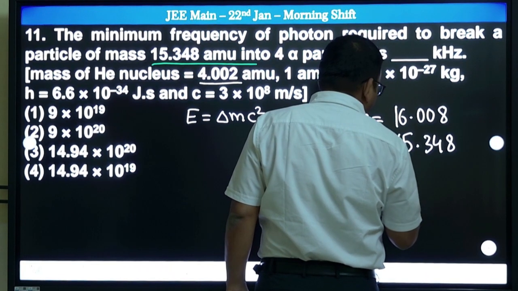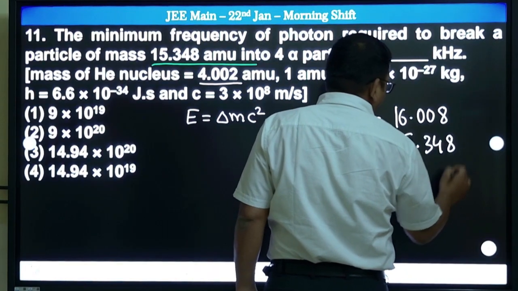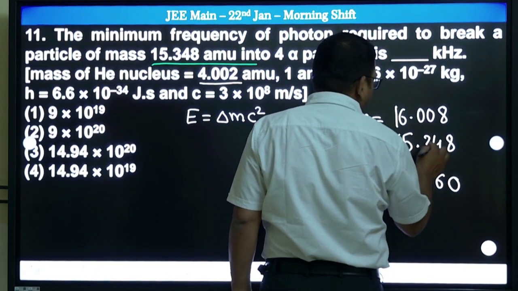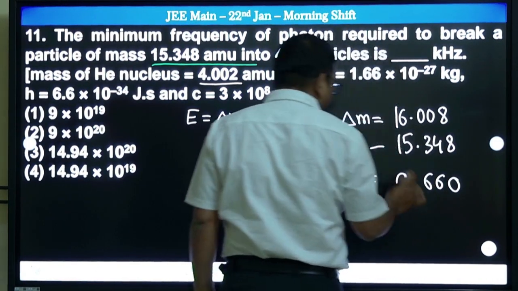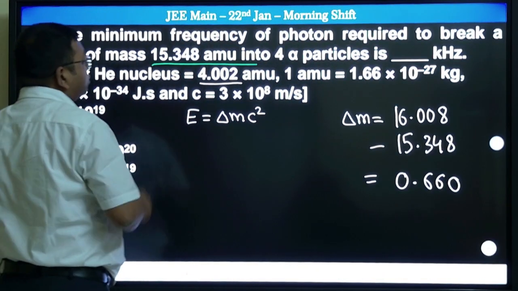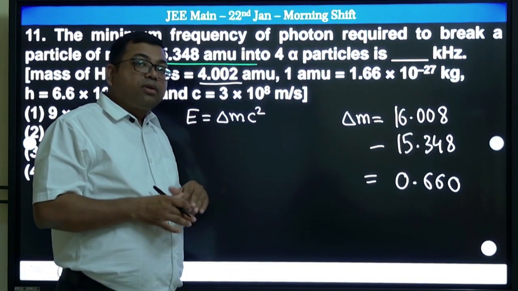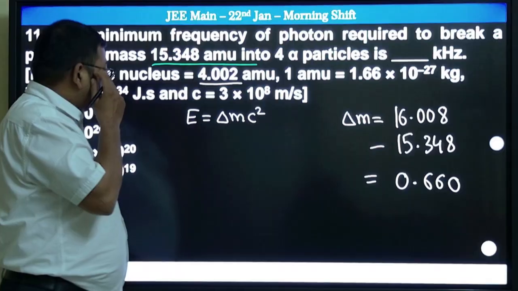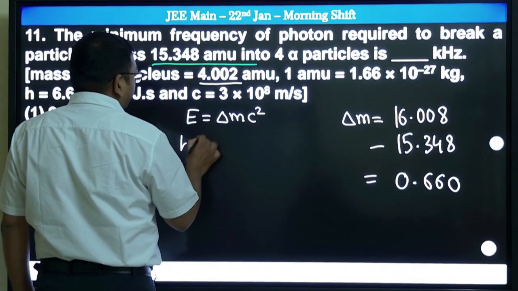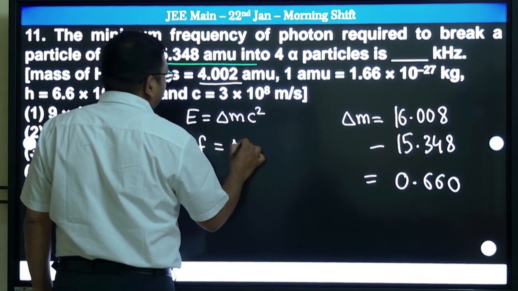So this will be 0.66, basically. We have to substitute that. This is energy of radiation, which you can write as h into frequency, right? H into frequency is delta m into c square.